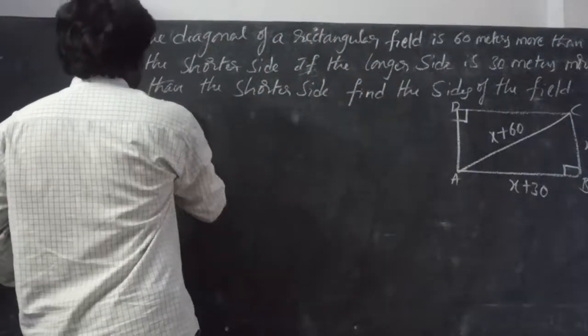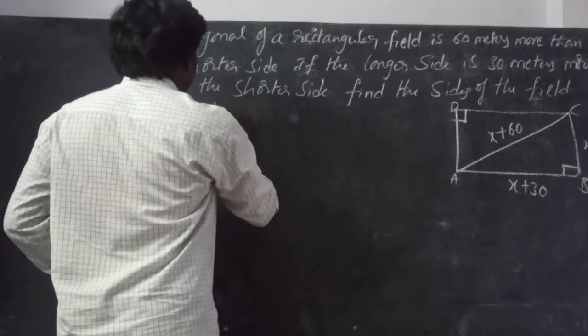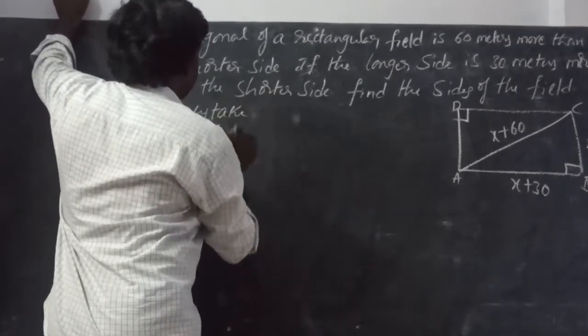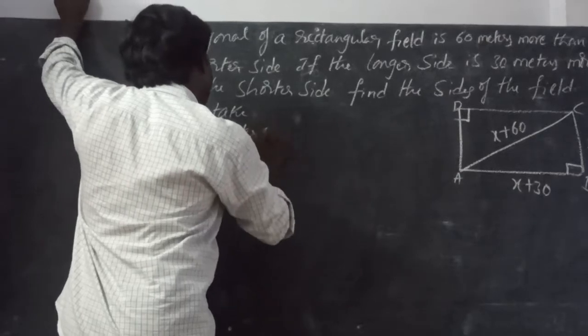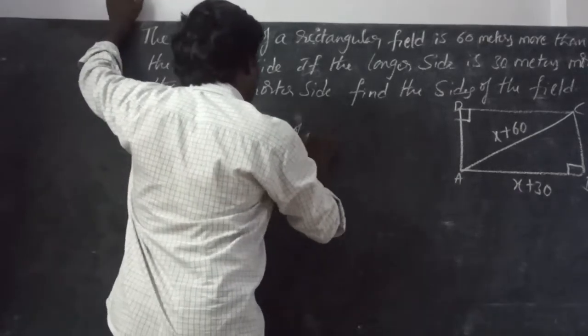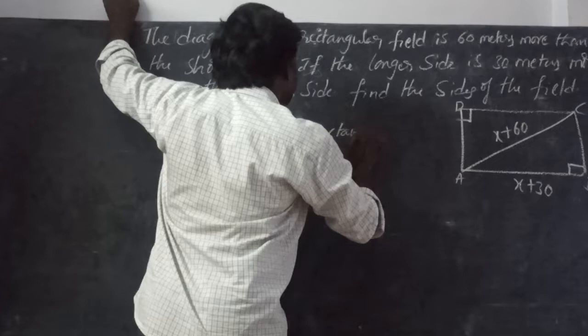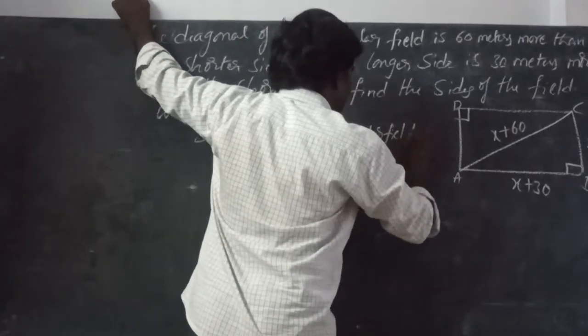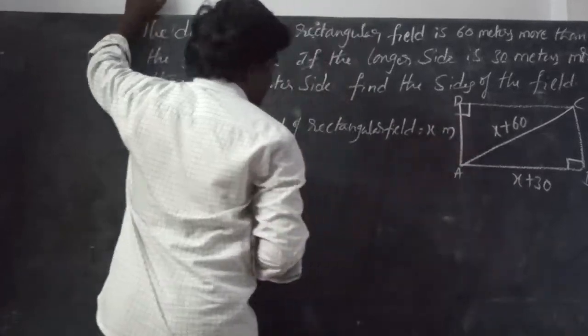So here, let us take the shorter side of the rectangular field as x meters.